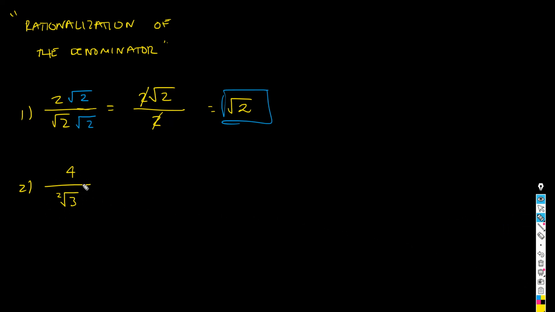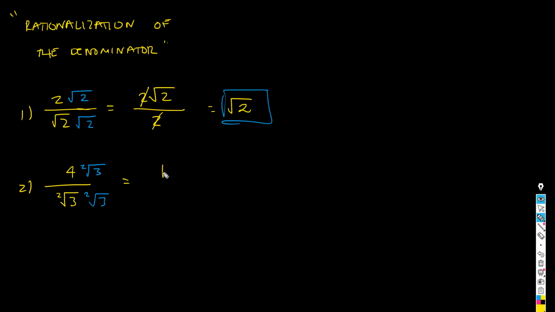We have a fraction with a root in the denominator, and we want to find an equivalent fraction that doesn't have a root in the denominator. What do I do? I multiply numerator and denominator by the same root, which is the denominator itself. So I'm going to multiply 4 times the square root of 3 and the square root of 3 times the square root of 3. And let's see what happens.